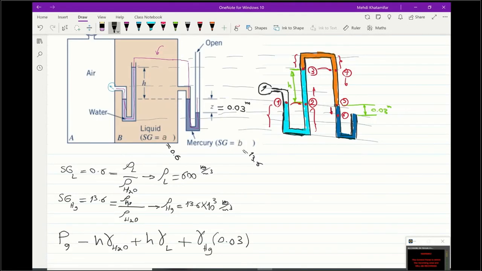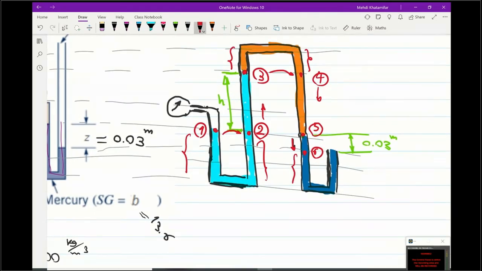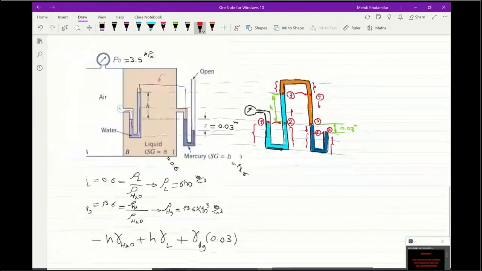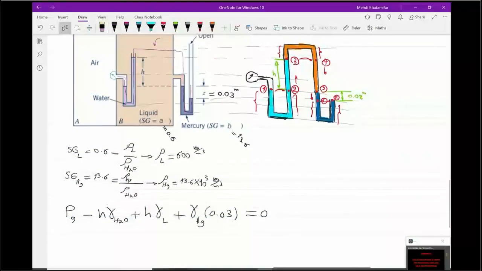From point 6, again same height, same liquid, I'm going to jump to this side, point 7. This is the surface outside, so gauge pressure is going to be 0.